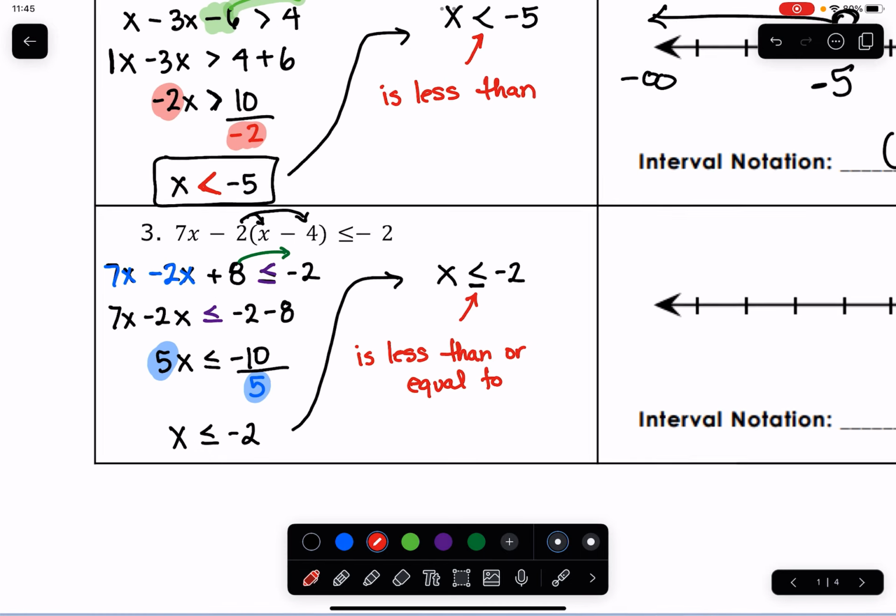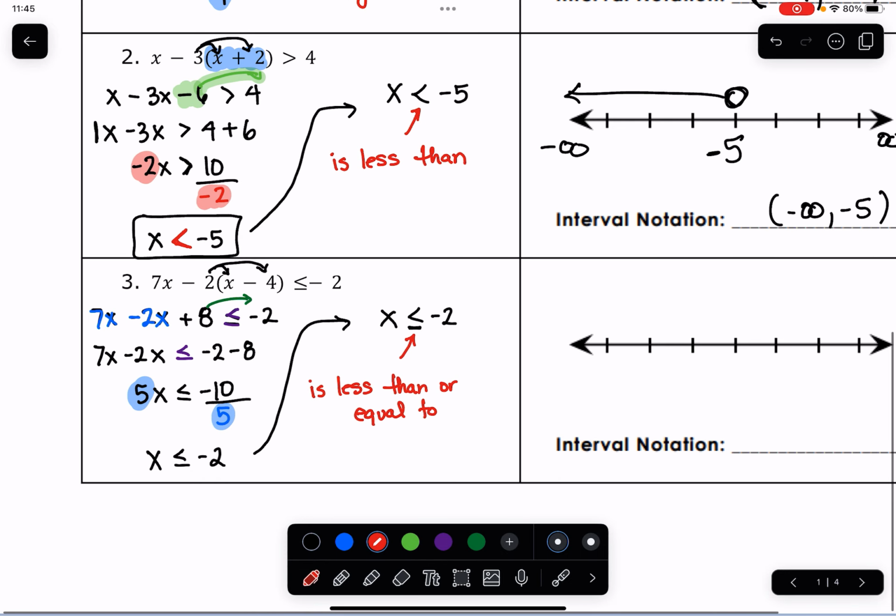So let's graph this on a number line. So we're going to put our -2 anywhere on the number line. We'll put it right there in the middle. Because of the equal sign, this time our circle is going to be a closed circle. And just like the previous example, example number 2, it's less than. So that's going to be pointing towards -infinity. And you can kind of see, look at this.